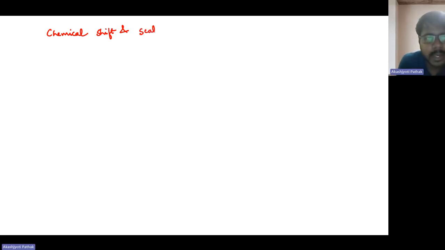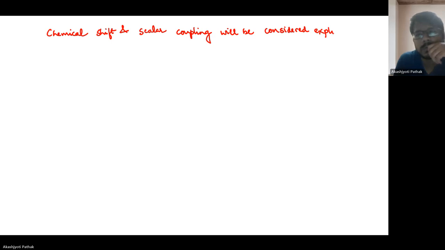Chemical shift and scalar coupling will be considered explicitly. So we will consider this explicitly, and we will now calculate how these two terms evolve during the time period T2.